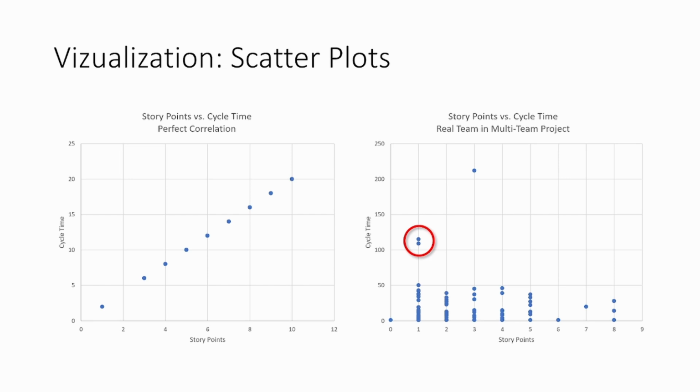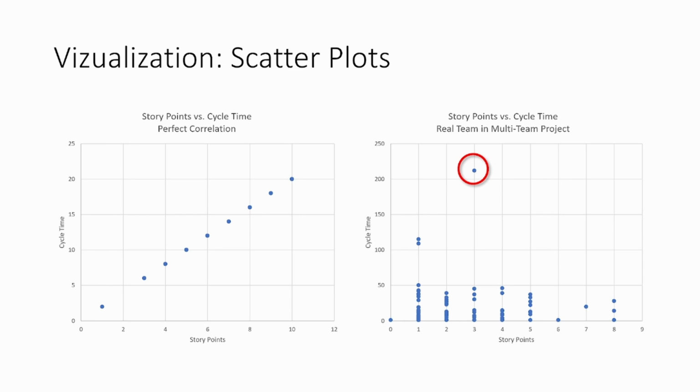We have two 1-point stories that took more than 100 days and one 3-point story that took more than 200 days. For this team, the estimates were actually damaging. They led to making unrealistic plans, and when the plans collapsed, nobody understood that part of the problem was the unrealistic estimation and planning method itself.